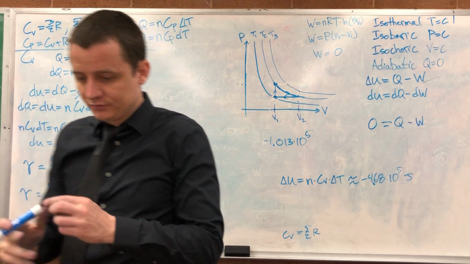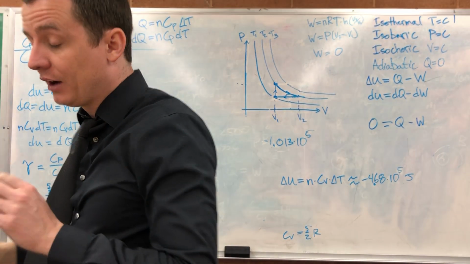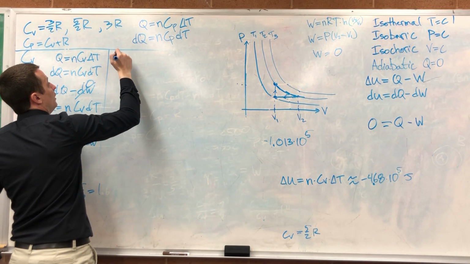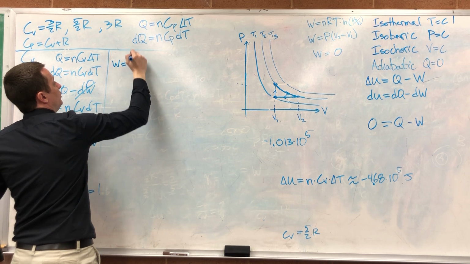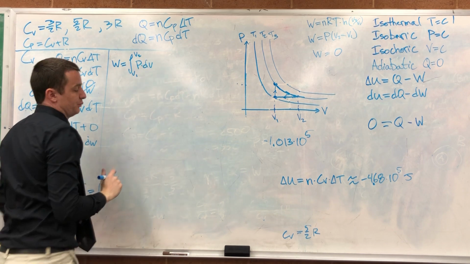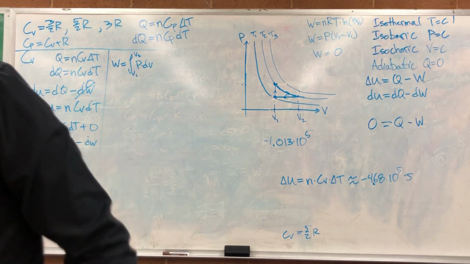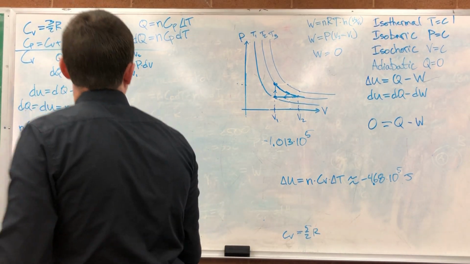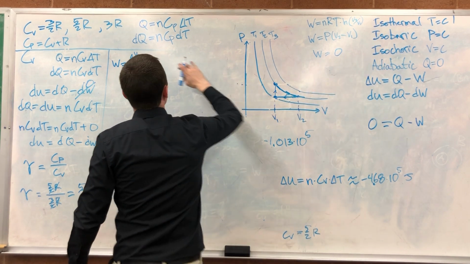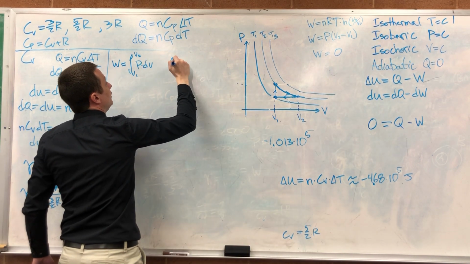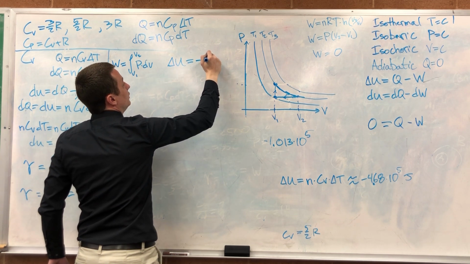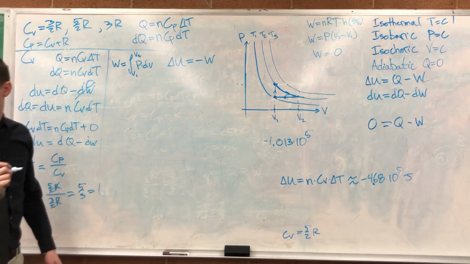First off, always and forever, what's our equation for calculating work? Work is equal to the integral from V1 to V2 of pressure times dV. And with an adiabatic process, Q is equal to 0, and so our change in internal energy, delta U, is equal to negative our work.